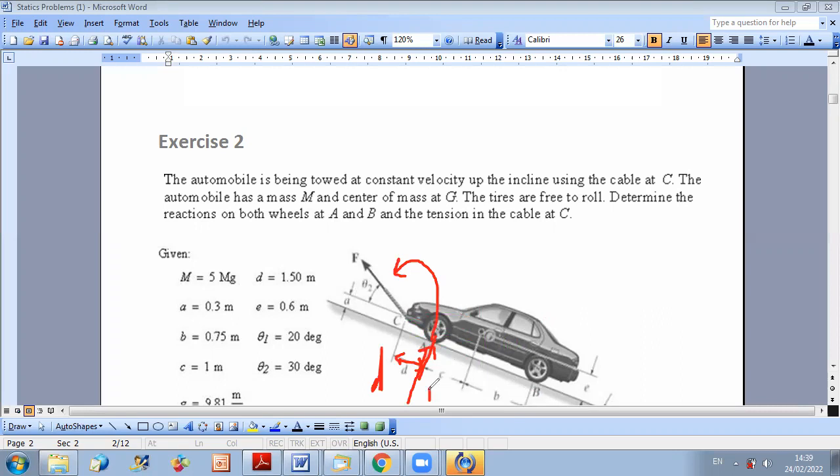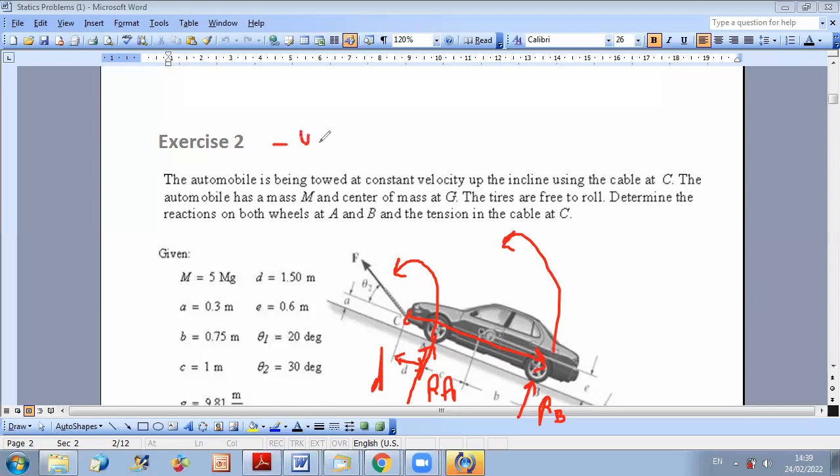So to get the moment of RA, I multiply RA times D. And finally, to get the moment of RB about C, I multiply by the whole distance here, which is D plus C plus B. So in total, I get two positive moments for RA and RB and a negative moment for the weight.